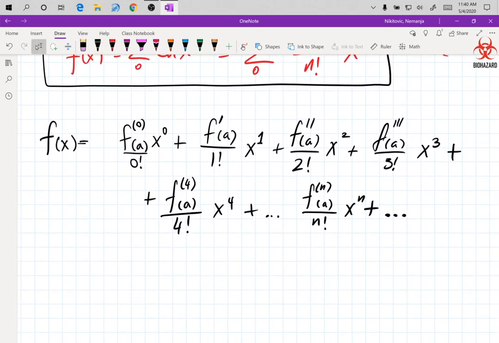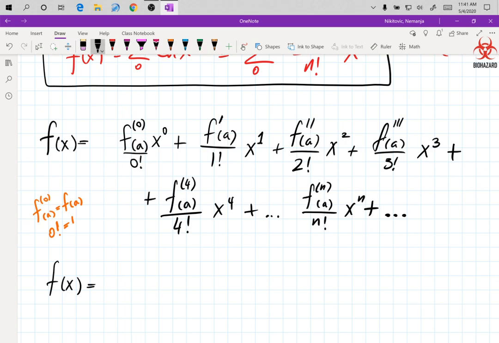And now when you write this in a basic form, the zeroth derivative of a function is the function itself, and 0 factorial is defined as 1. So those are some basics from before.